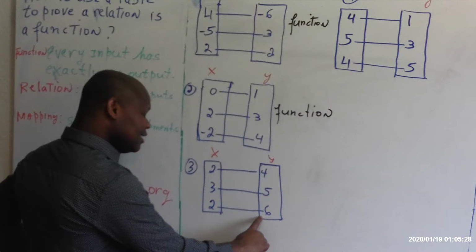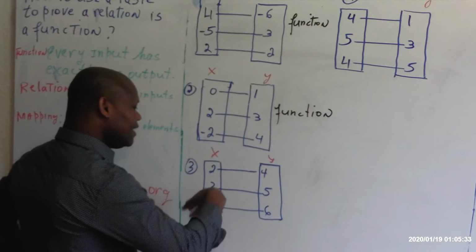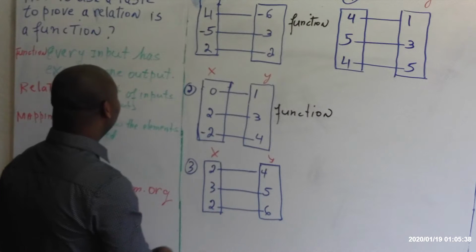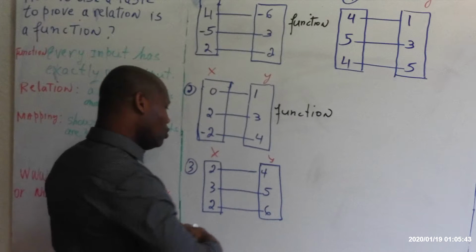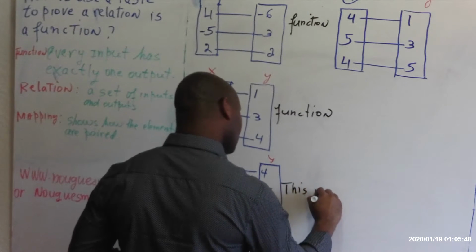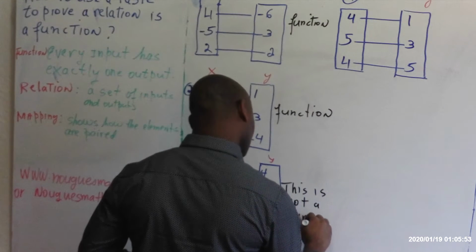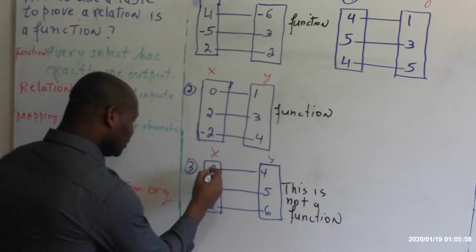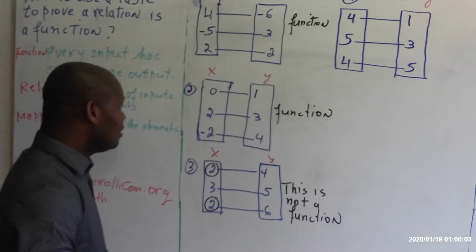So we can say this is not a function because the rule says every x must have exactly one y. So this table does not follow this rule. This is not a function because of this 2 and this 2. Are we clear about that?